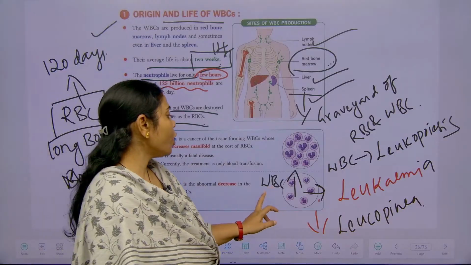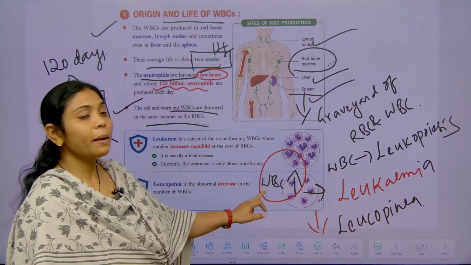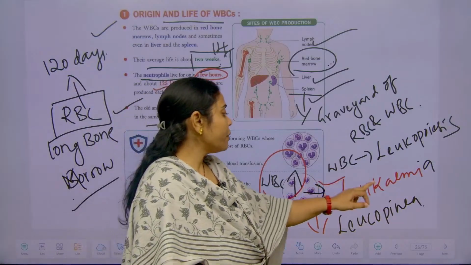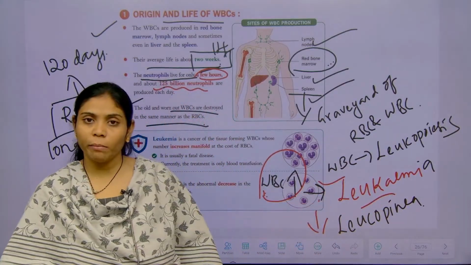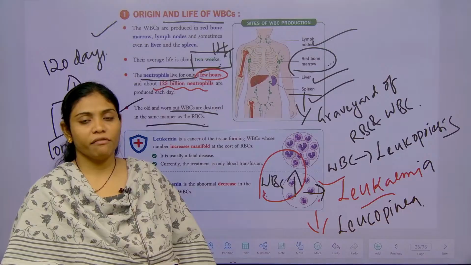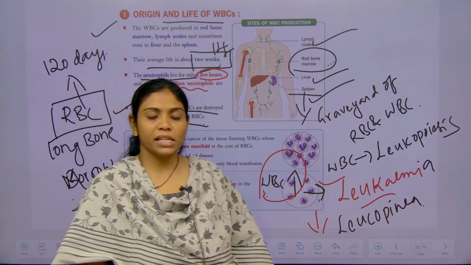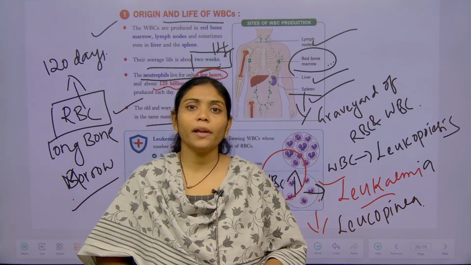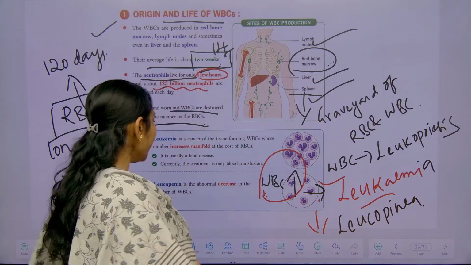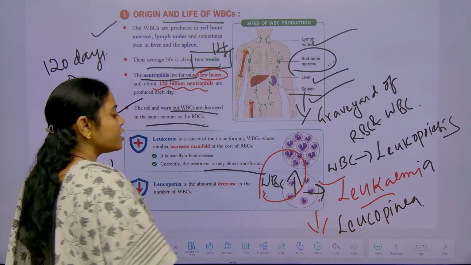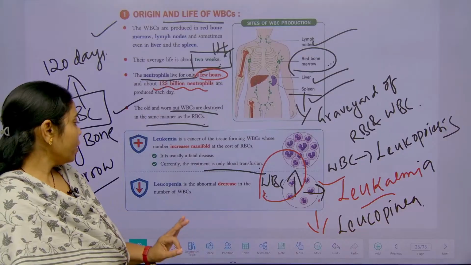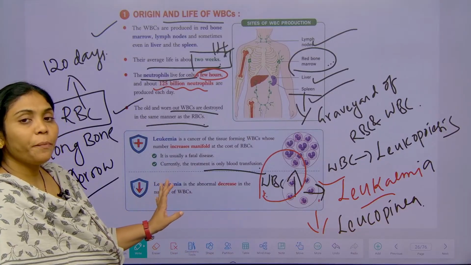If the WBC number is abnormally increased, it can be considered leukemia, or blood cancer. Then what is the treatment for blood cancer? Only blood transfusion is the way to reduce the severity.